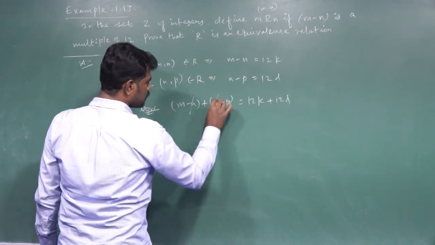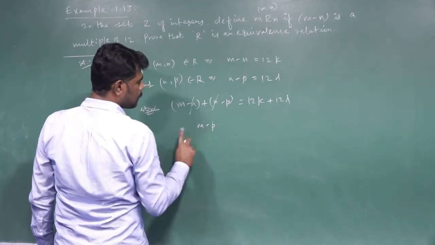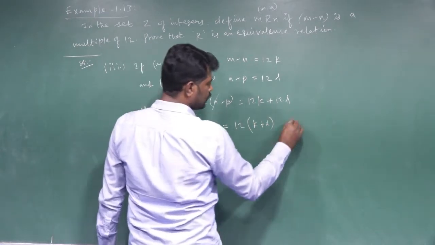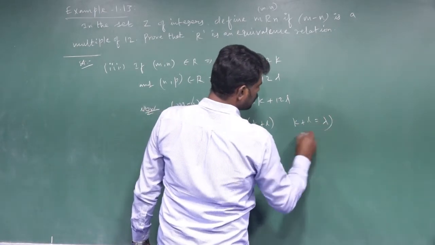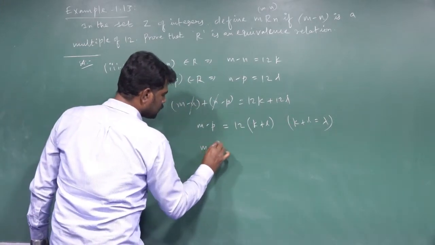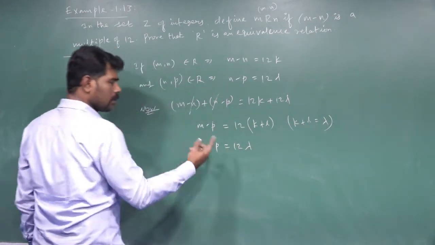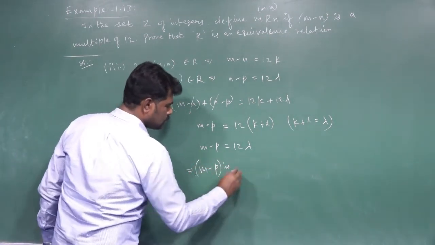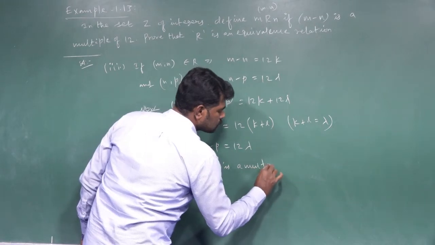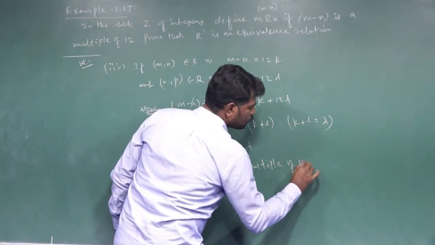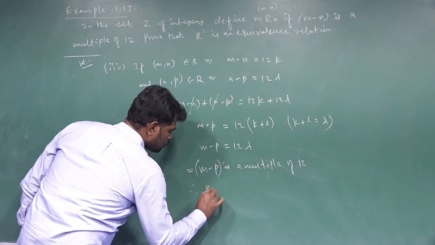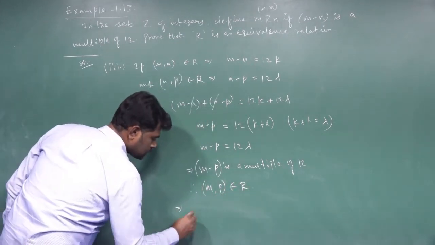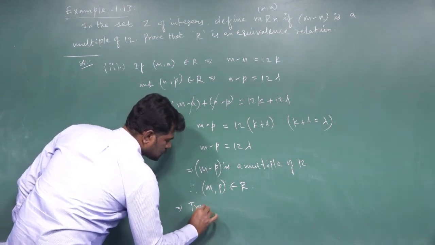Here we can remove the minus n and plus n. Remaining is m minus p. This is equal to 12 into k plus l. The value k plus l we can treat as lambda. Then m minus p is equal to 12 lambda. So this is nothing but m minus p is a multiple of 12. Therefore, m comma p also belongs to R. This implies transitive is true.